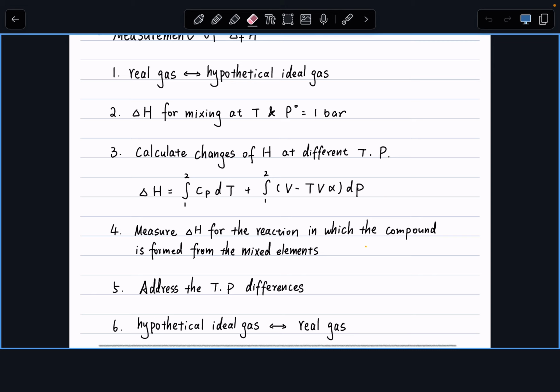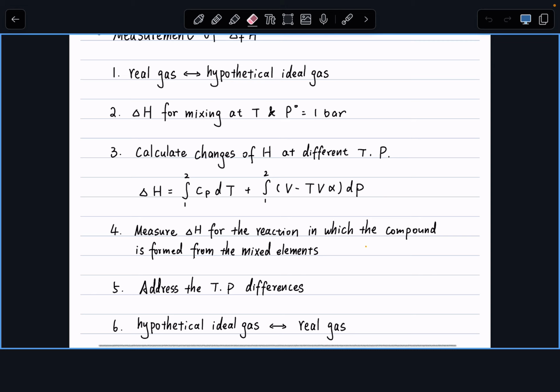Fourth step. So this is the one we will talk about later, which is calorimetry. Basically, calorimetry tells us the reaction enthalpy. The actual reaction enthalpy for the real gas H2 plus real gas Cl2 going to 2HCl gas at certain temperature and pressure, depending on the setup of the calorimetry.